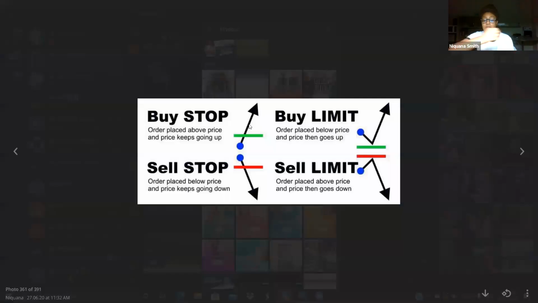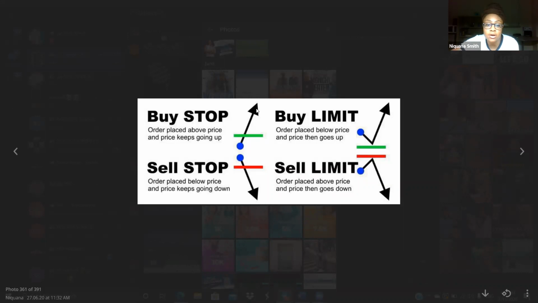All right. So pending orders deals with basically you're waiting for price to get to a certain point that you've analyzed. And then once it gets to that point, you are placed in the trade. But you're not placed in the trade immediately. It has to get to the price that you set. So for instance, we have a buy stop. Now, this green horizontal line here is a certain price.